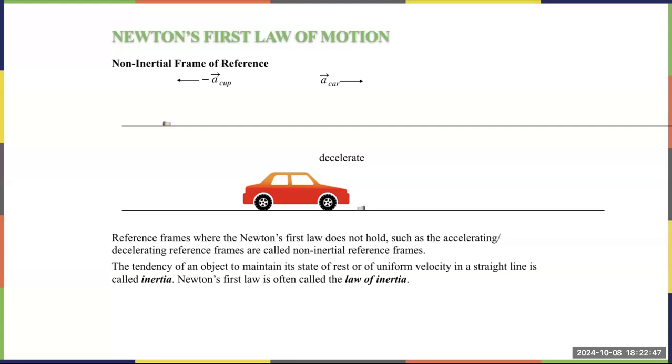Now, as we said, this tendency of an object to stay in a state of rest or in a state of uniform speed in a straight line is known as inertia. Meaning you do not want to change your state of motion. If you are at rest, you don't want to get up and walk, and if you are walking, you don't want to stop.